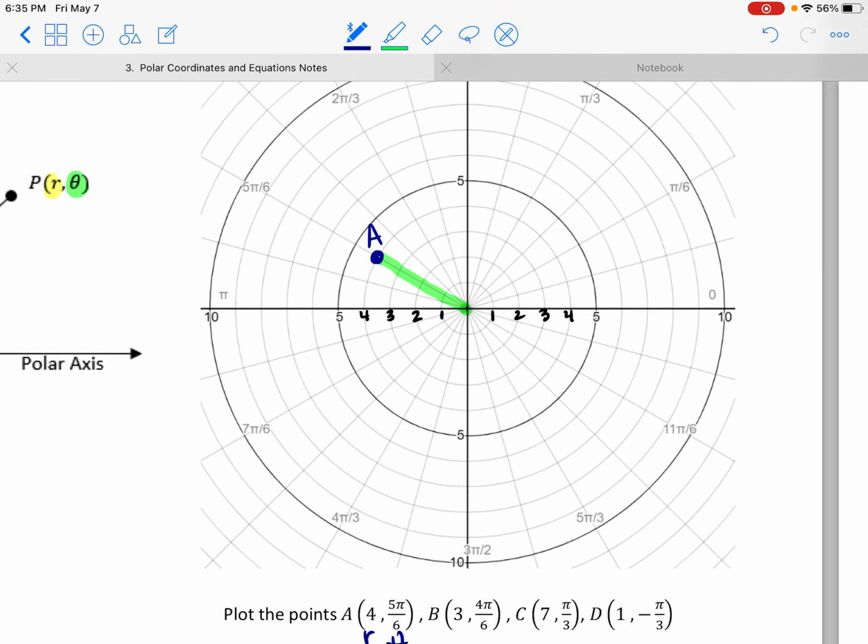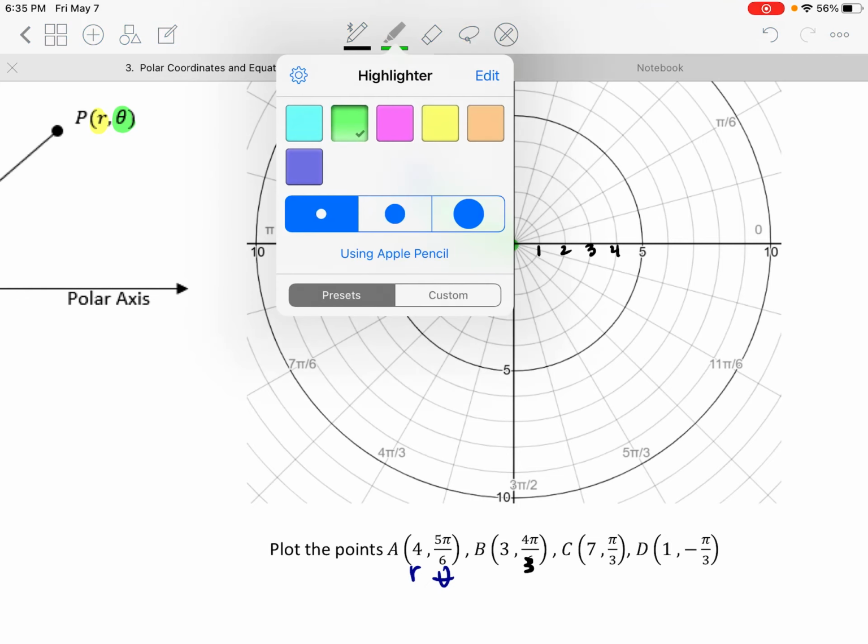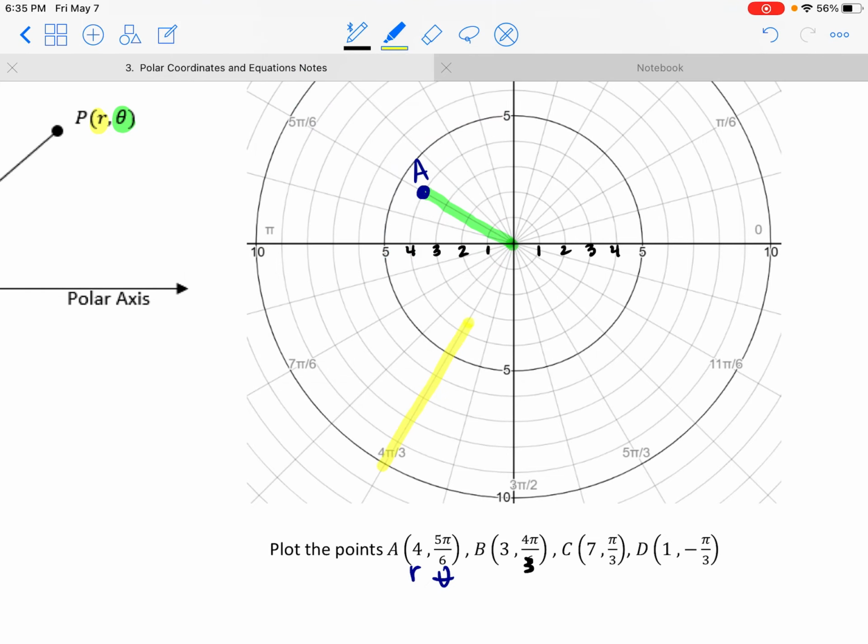Okay, so now let's try the next one, which I intended to be 4 pi over 3. So let's just pretend that's what I had there. Okay, 4 pi over 3. 4 pi over 3 is this angle right here, but we only want a radius length of 3. So I'm going to go 1, 2, and 3, and that is where B is located.